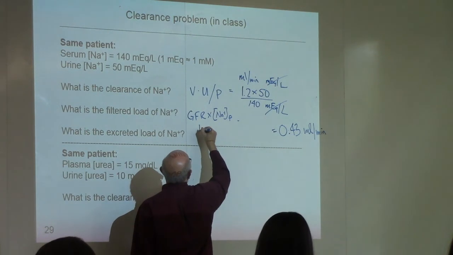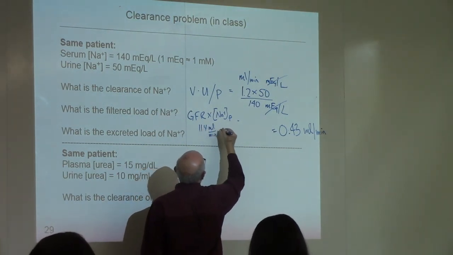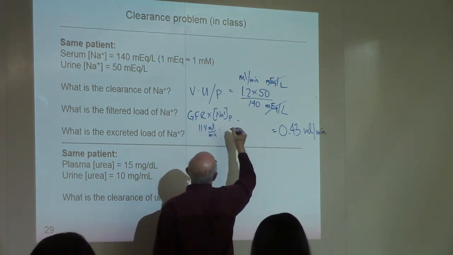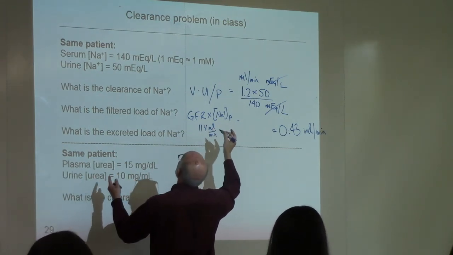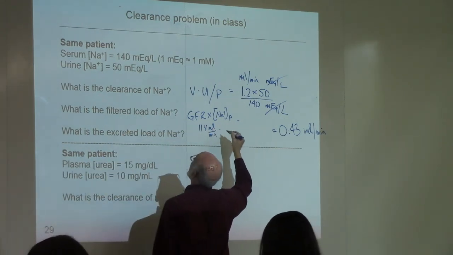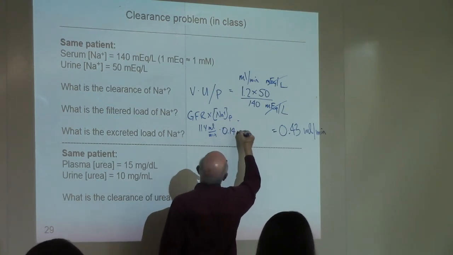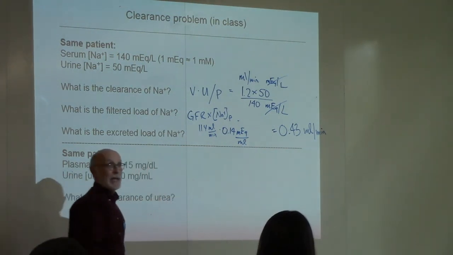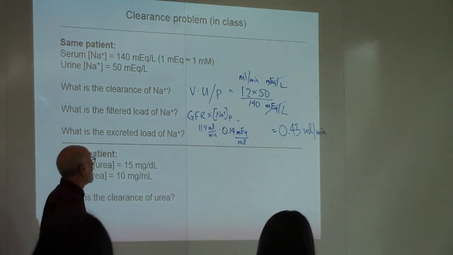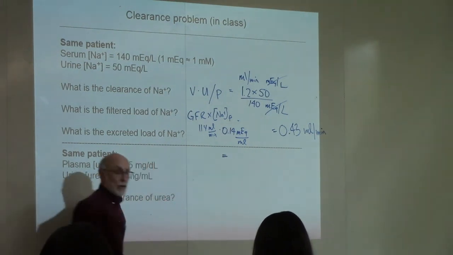It was 114 mils per minute times the concentration of sodium, which is, now I'm going to do this in my head, the concentration of sodium in plasma is 0.14 milliequivalents per mil. See what I just did? So the filtered load, what's that filtered load?